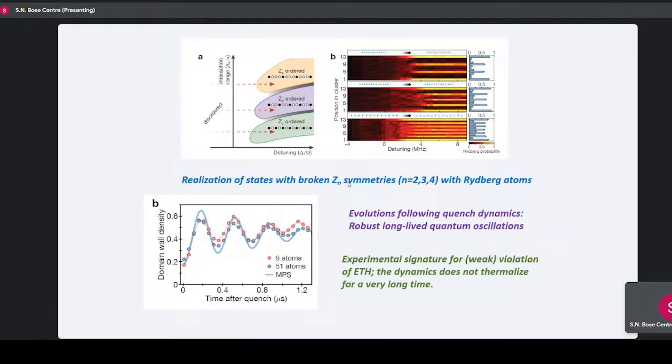Interestingly, if I start from a Rydberg vacuum state, with all atoms in their ground state, and do the same experiment, it thermalizes very quickly.